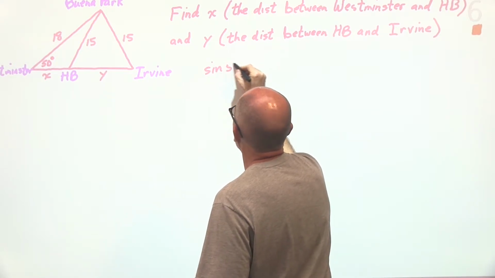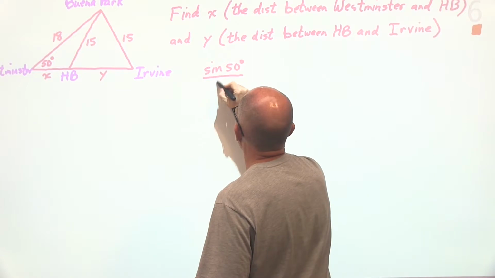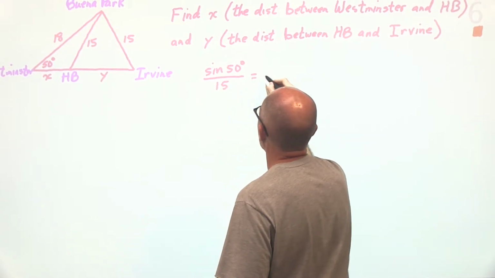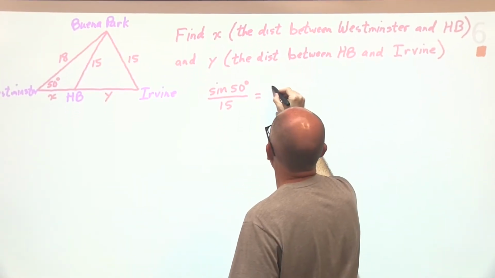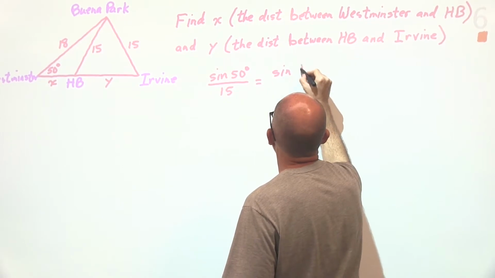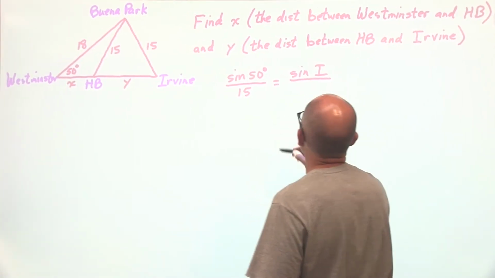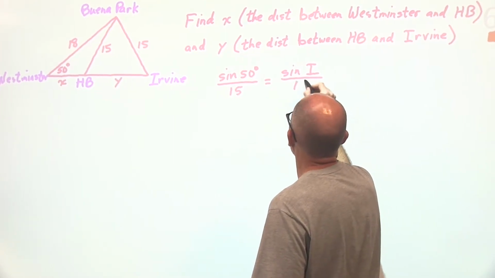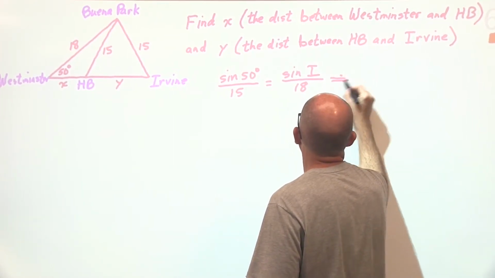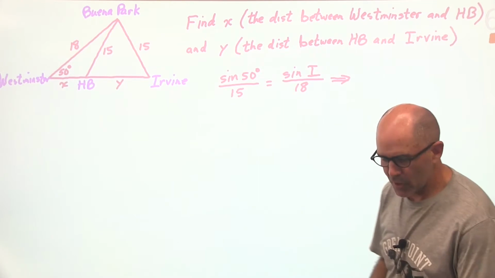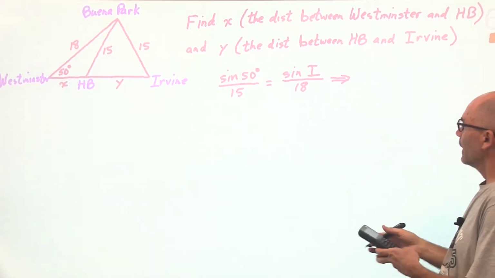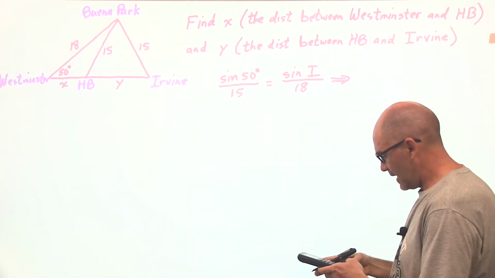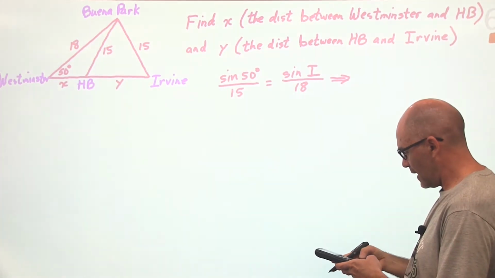Okay, so sine of 50 over 15 equals sine of, I'll call it I for Irvine, over 18. So we're going to go to our trusty calculator, and we go 18, enter 50, sine, times.